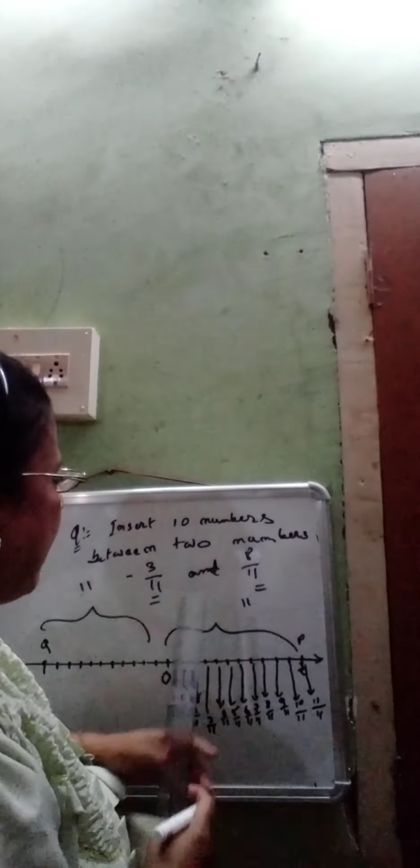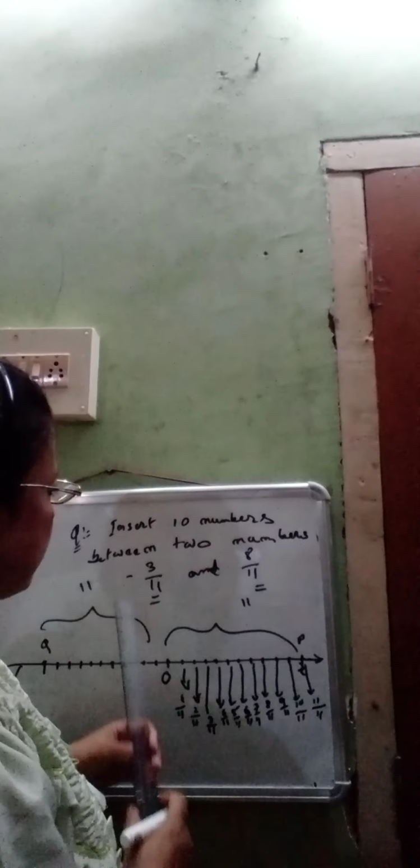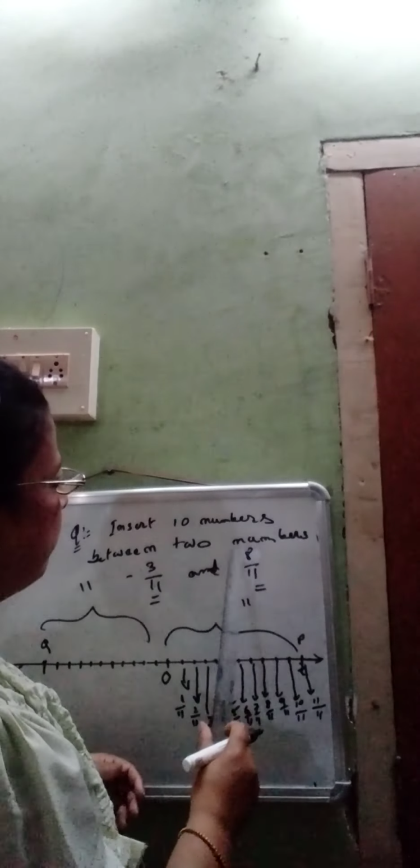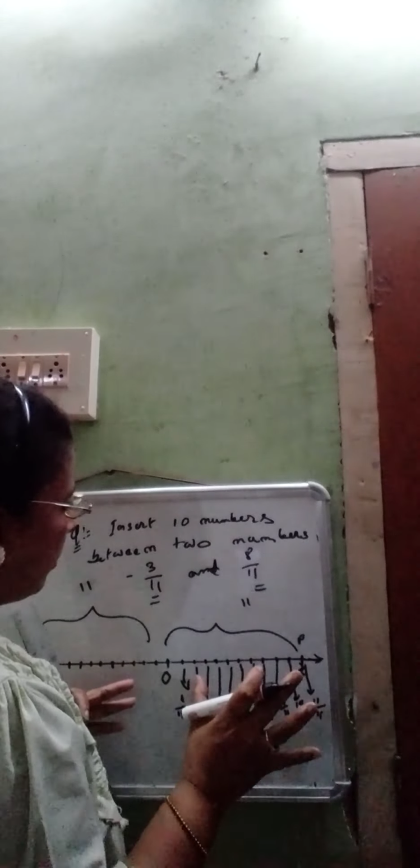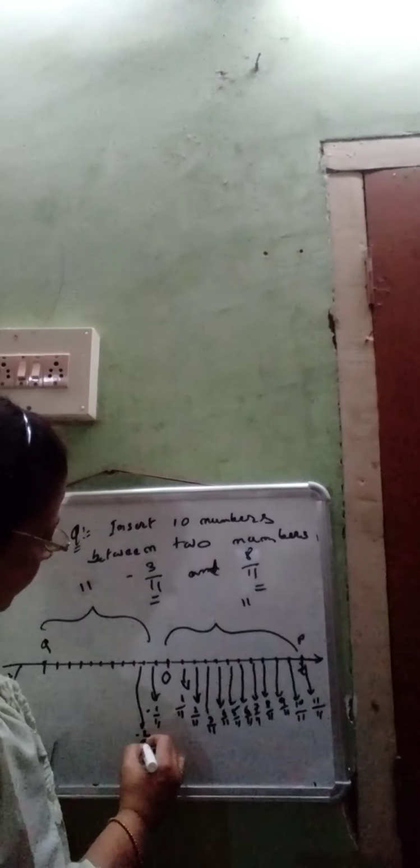Now we have to first determine this negative section also. This is minus 1 by 11. This is minus 2 by 11.